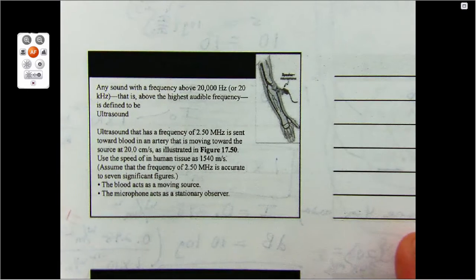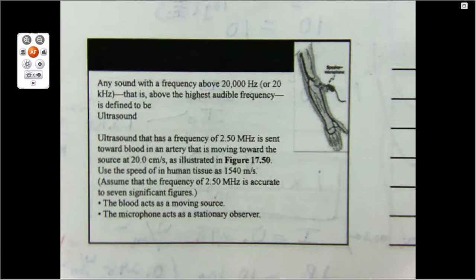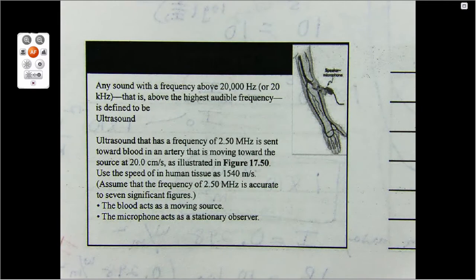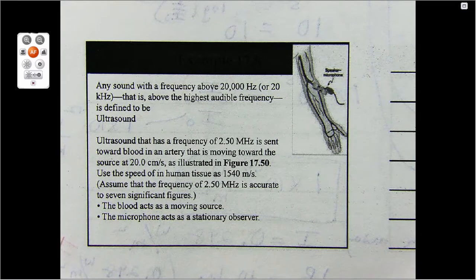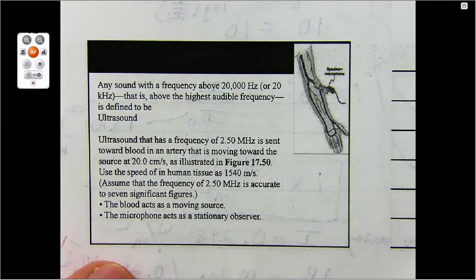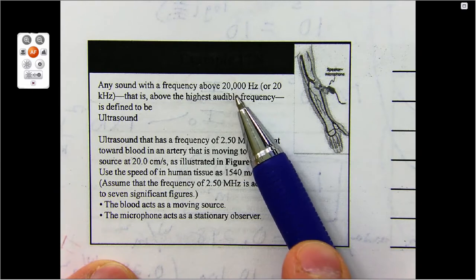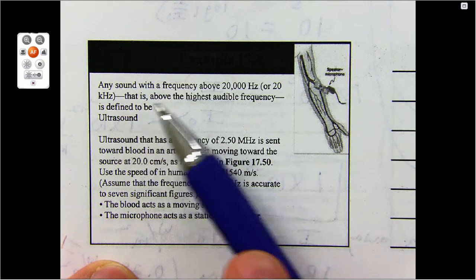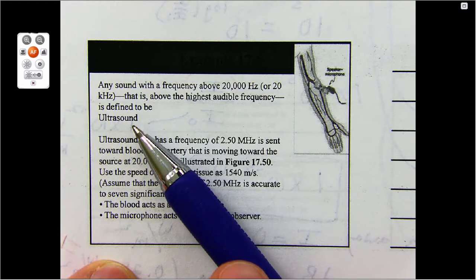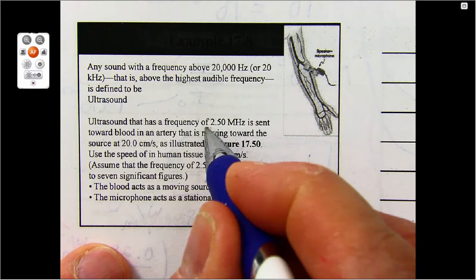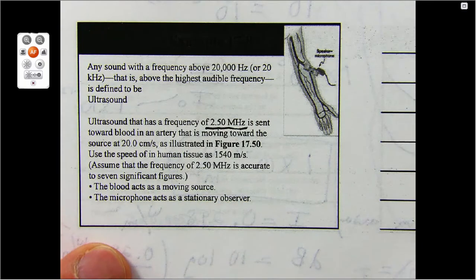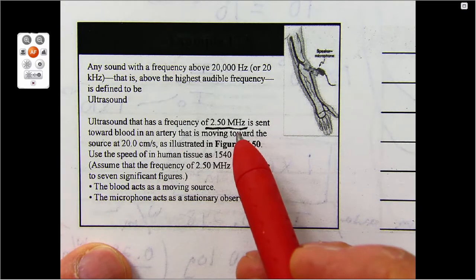Now, this is big in ultrasound now, is vascular. They've come a long way in 3D, and vascular is all blood flow. So we know a sound above 20,000 hertz or 20 kilohertz is above the highest audible frequency, ultrasound. This frequency is 2.5 megahertz.